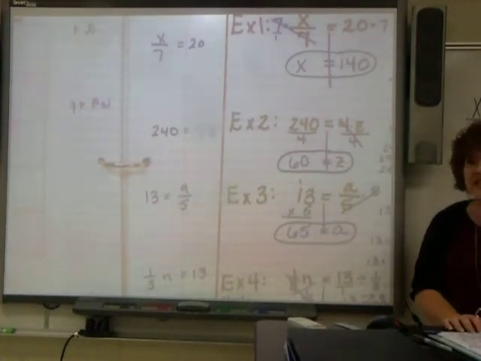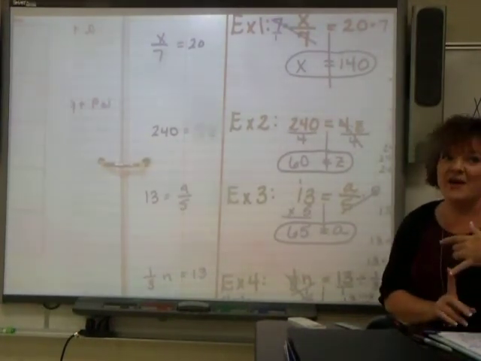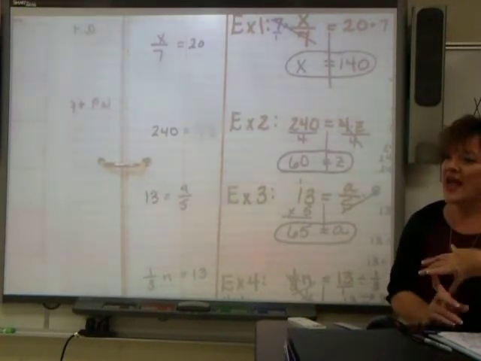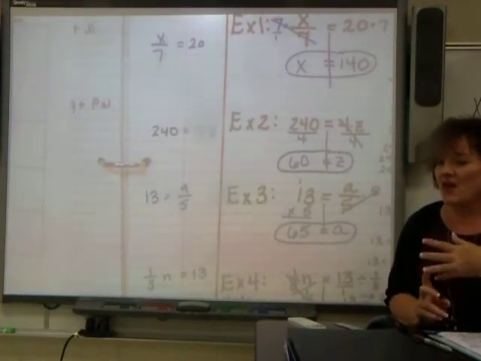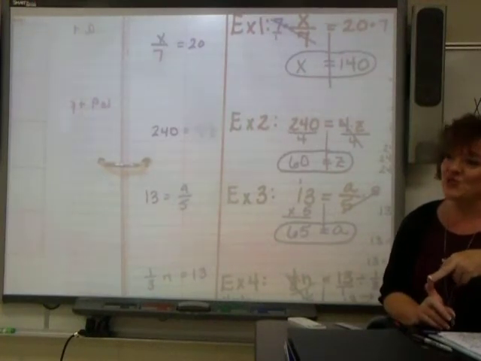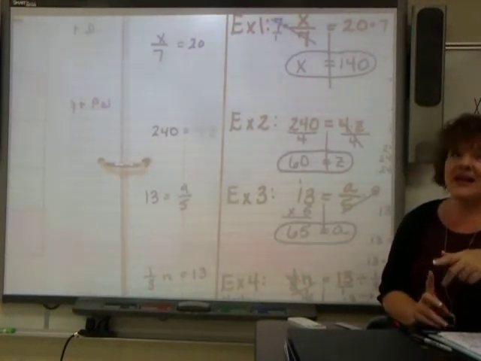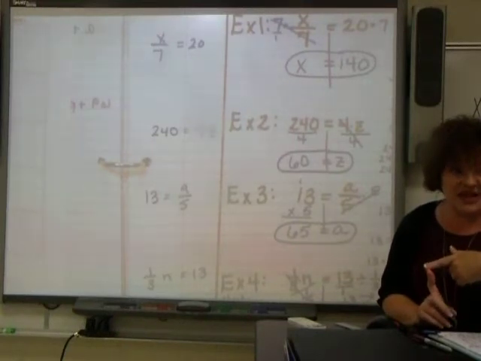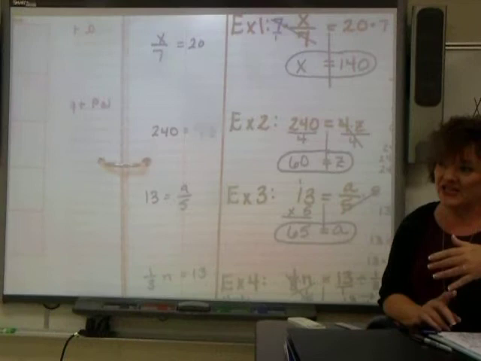Now, speaking of assessment, we have combined like terms, we have used the distributive property, we have put both of those together where we had to distribute and then combine, and now we have solved single step equations with addition, subtraction, multiplication, and division.